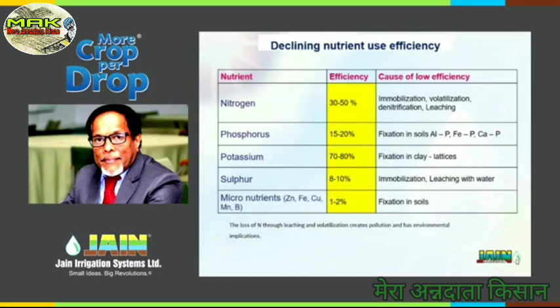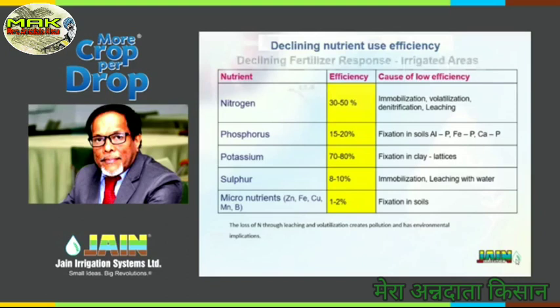All this happens because you are applying too much quantity at one time. That's the point. It's not that you know how much is required for the crop. You are assuming that if I give more at one time, it will stay in the soil and the crop will take it as and when it requires. That doesn't happen. Sulfur gets immobilized and leached with water, and a lot of micronutrients also get fixed in soil.